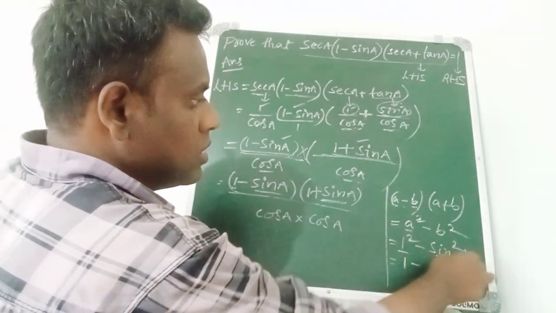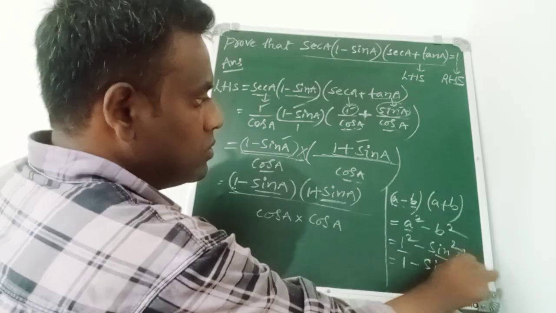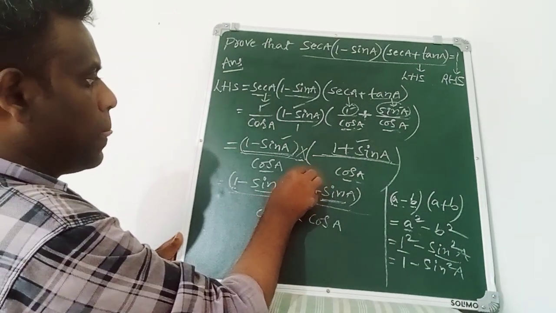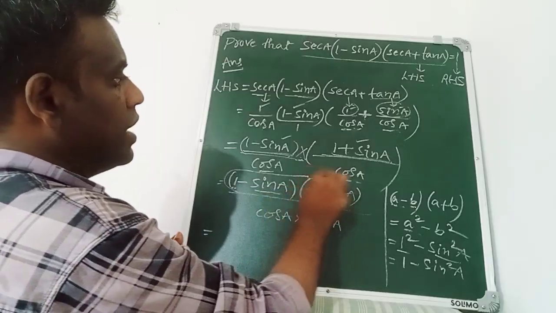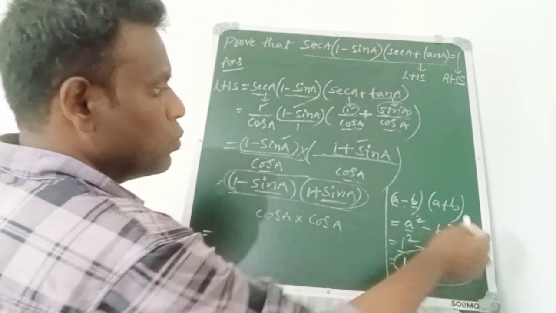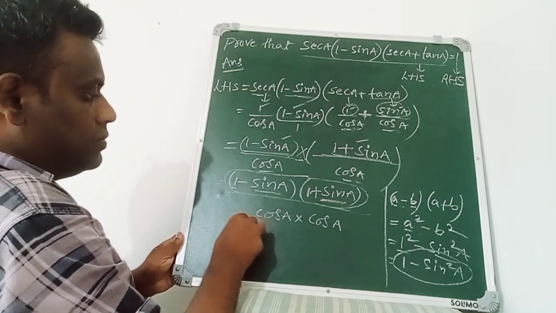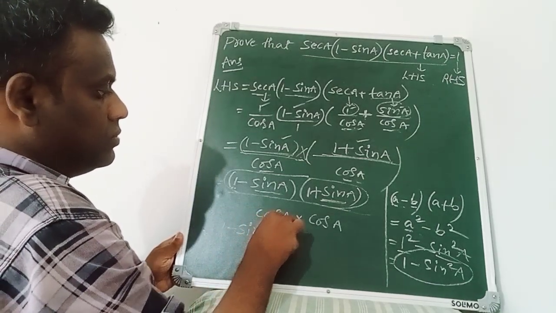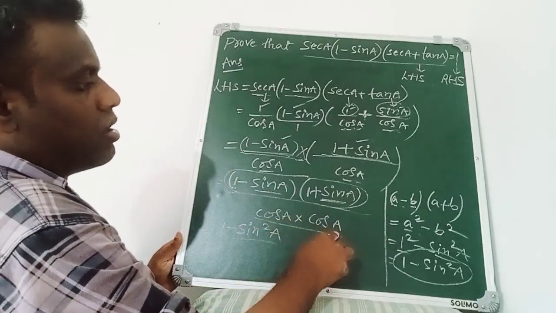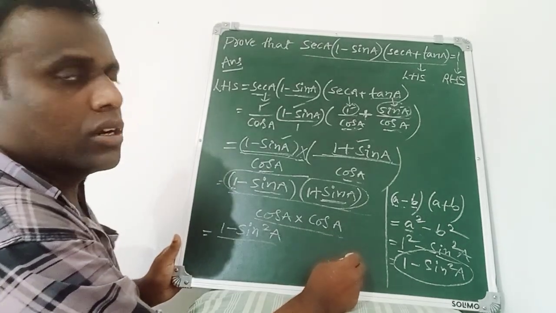This minus sin square a. So this entire thing we can write as 1 minus sin square a, whole divided by cos a into cos a, cos square a.